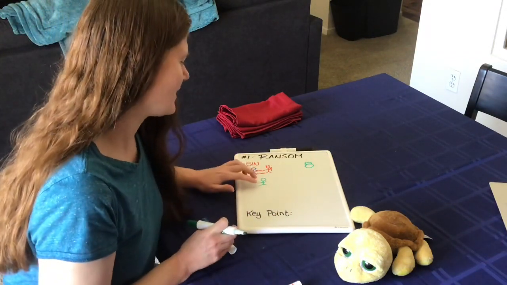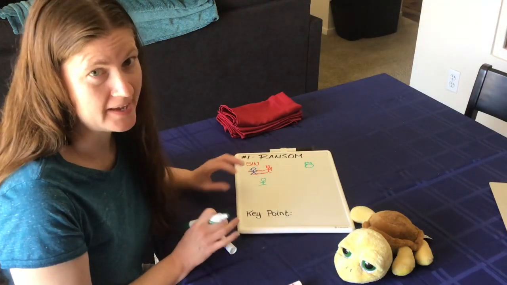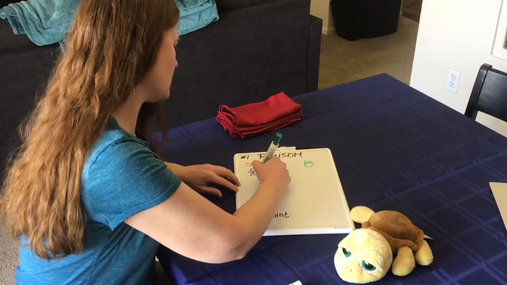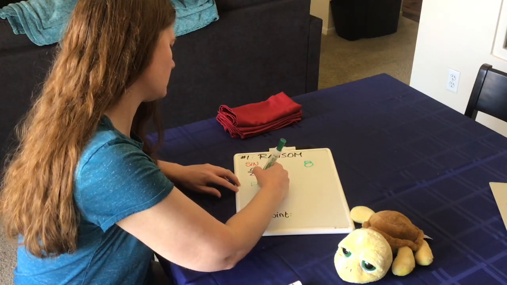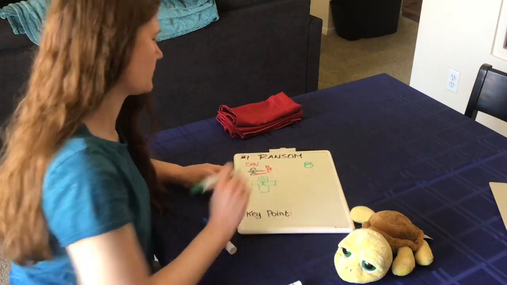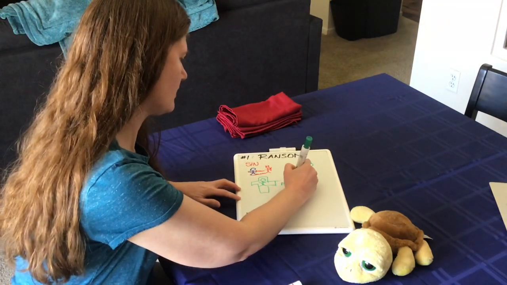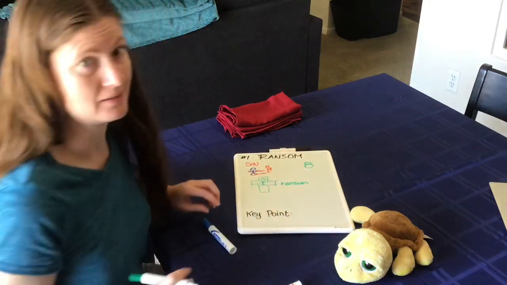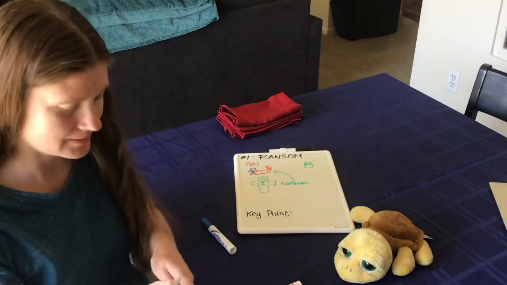And he offers to pay the penalty, to pay the sacrifice. And so he dies on the cross as the ransom for our sin, to pay that penalty to Satan.